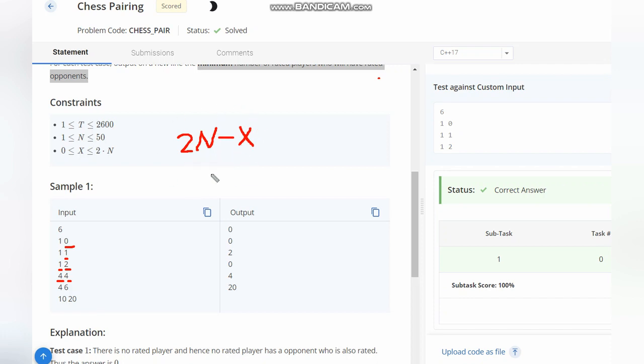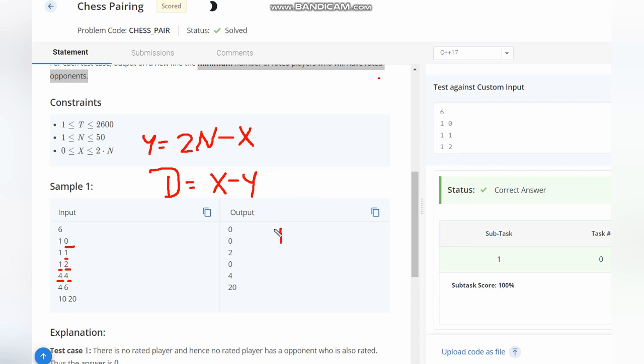Now what's the difference between rated players and unrated players? Let the unrated count be y. So you do x minus y. This is the difference between the rated and unrated players. Now let the difference be d.